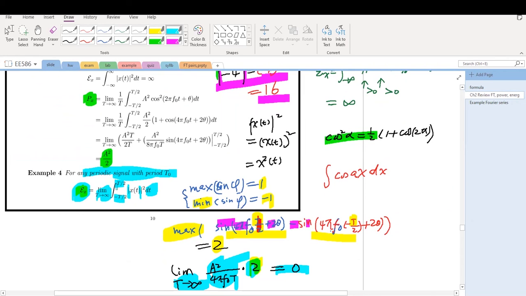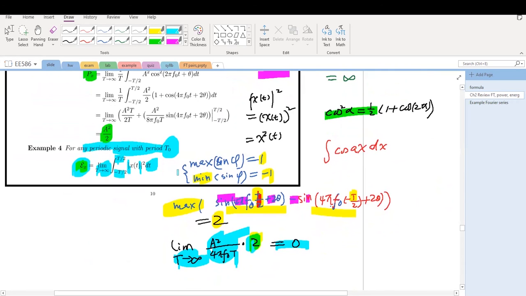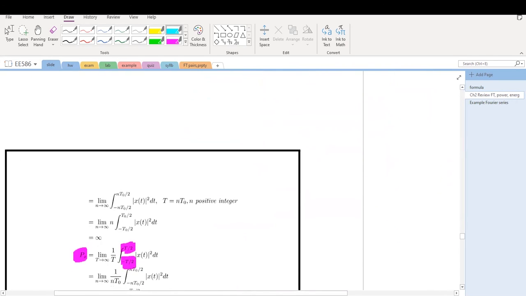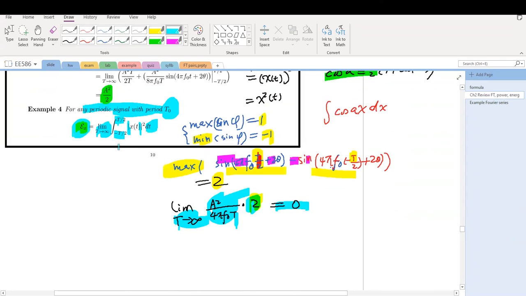And note this big T and this T naught are different quantities. Because this is any periodic signal, I can choose this big T equals n T naught, where n is a positive integer. I can choose it this way, as long as I have this big T go to infinity, I'm okay.